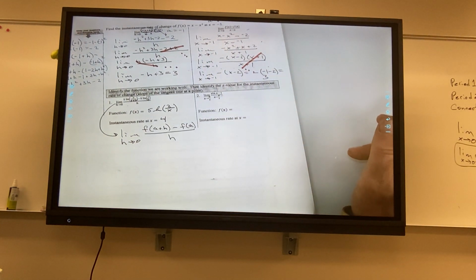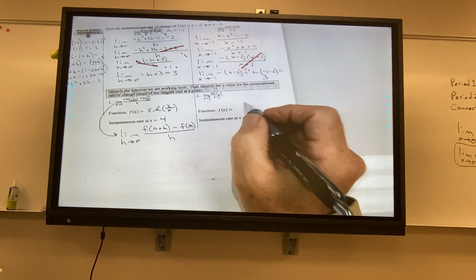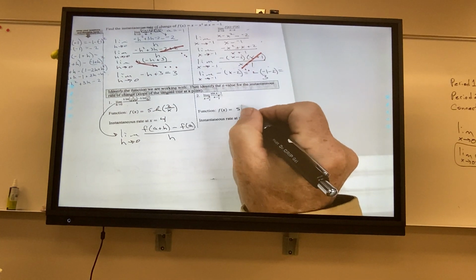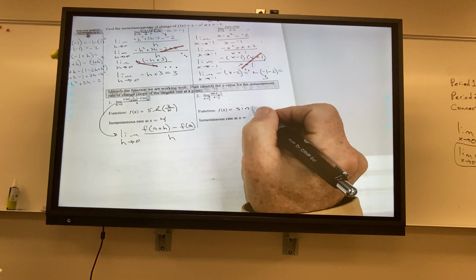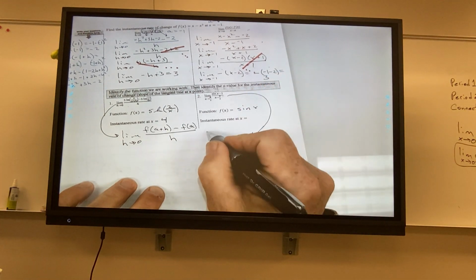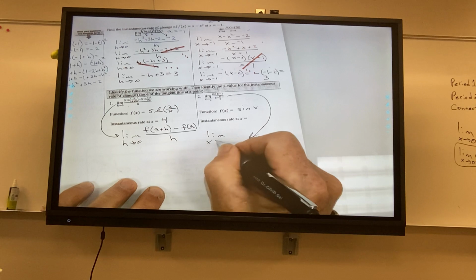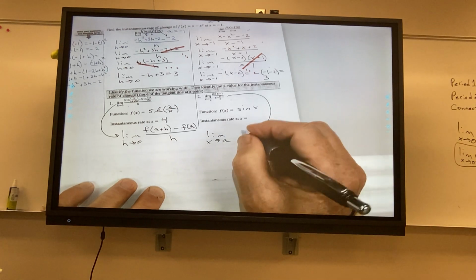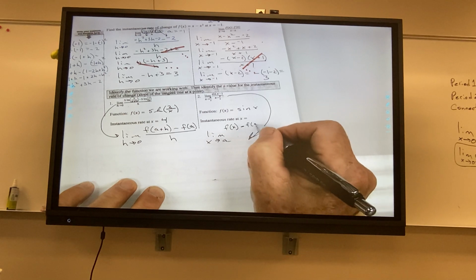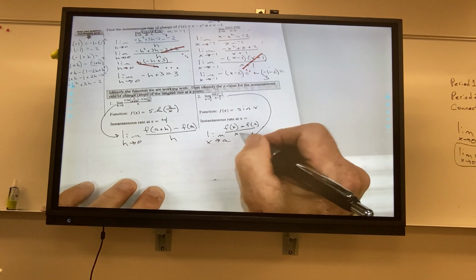What's my function? So, definitely have a sine. And this is in the form of the limit as x approaches a of f of x minus f of a over x minus a.